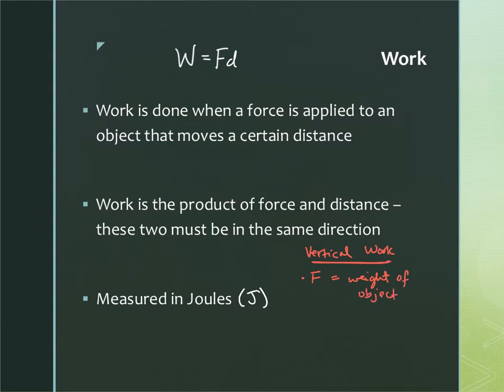So if you're moving an object up vertically, the force you're exerting is equal to its weight pulling downward. So these two things are equal to each other. Now, if it's moving horizontally, it's easy to see. Force and distance are quite easy to pick out.